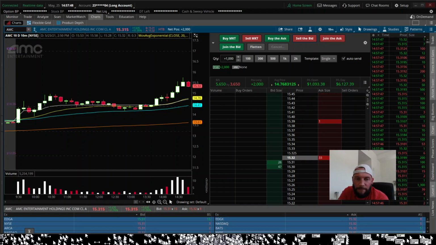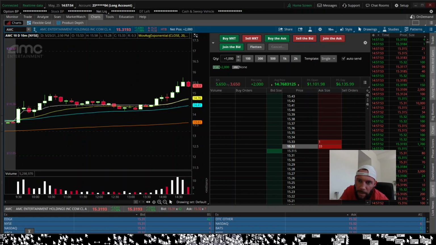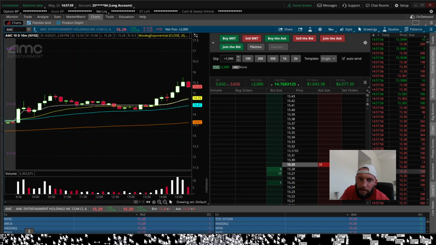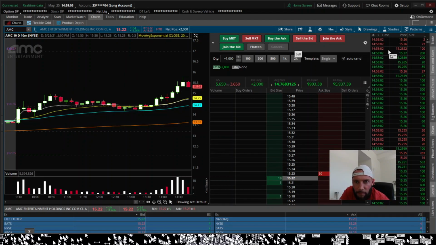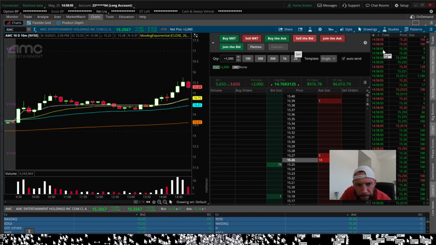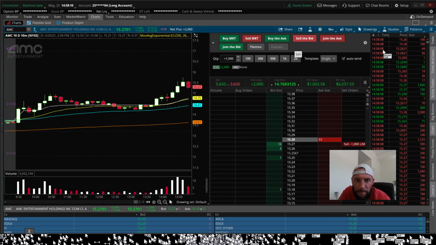Now if a sale goes through, and every sale that does go through for the day, that's what you see over here, right here. So look all the way to the right. This is called time and sales, and it literally shows every order that goes through, the size and the time down to the minute and the second.